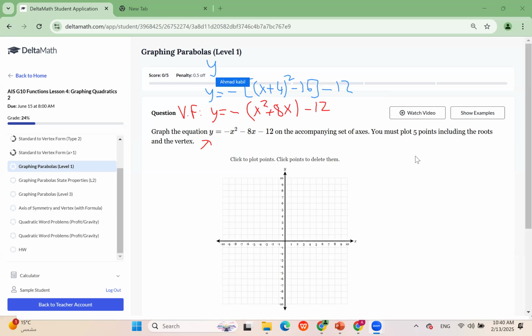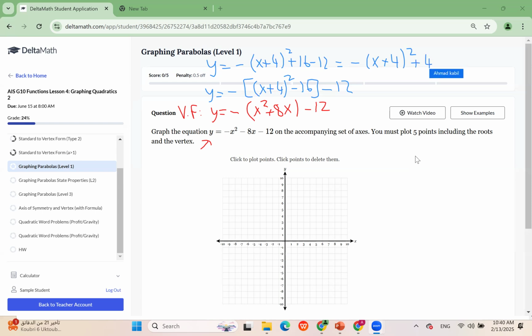So the final form will look like this: negative (x plus 4) all squared plus 16 minus 12, which is the same as negative (x plus 4) all squared plus 4.